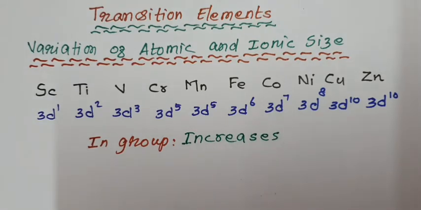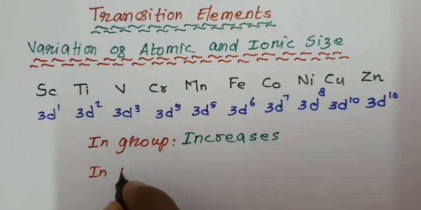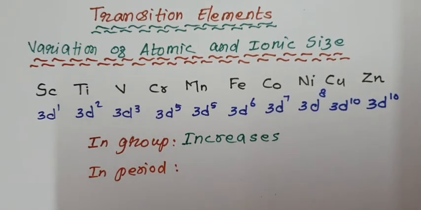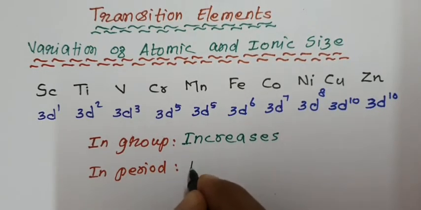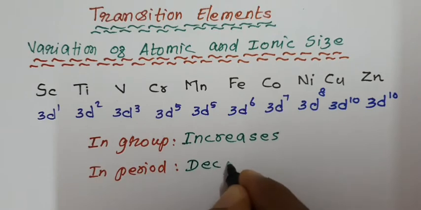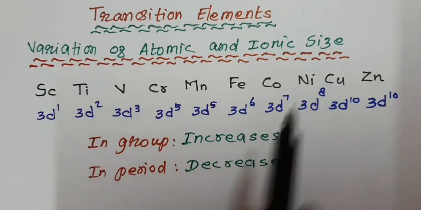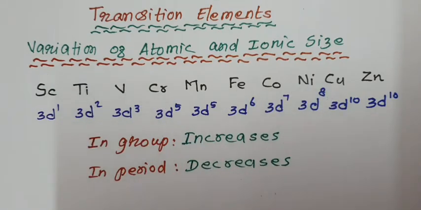And in periods, when you move from left to right in any period, the atomic radius decreases. We are studying d block elements in a period. Therefore, when you move from left to right, the atomic radius decreases normally.